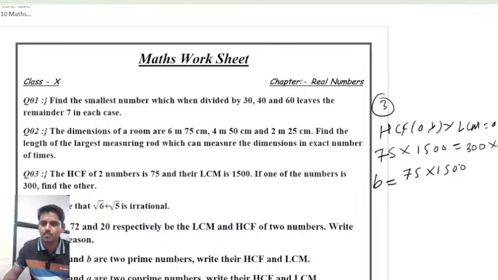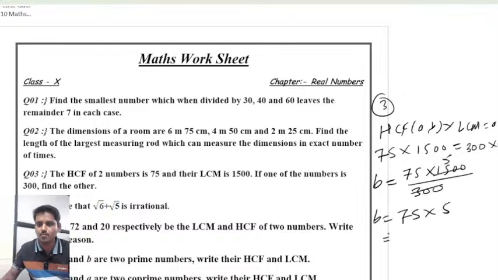So after division, we will get 5 here. So the second number B is 75 into 5. So it is 375. The second number will be 375.